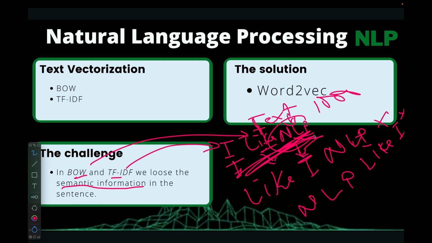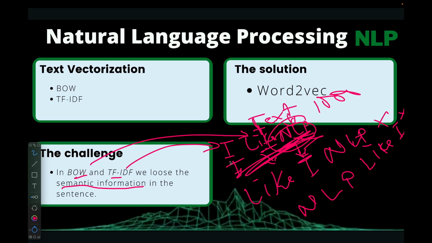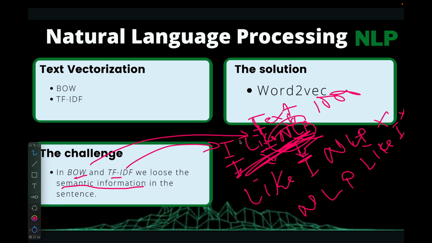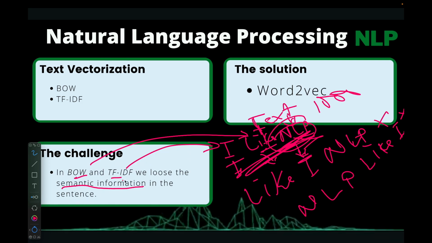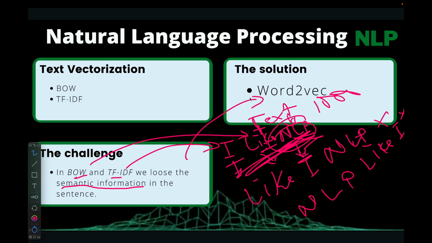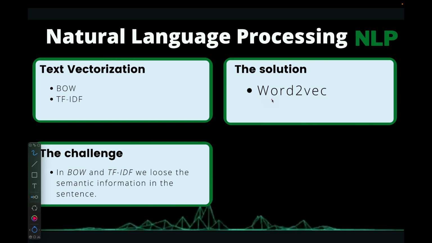This context, this semantic information, we lose when we're using bag of words and TF-IDF. In order to preserve that kind of semantic information, we use what is called Word2Vec. So let's see what Word2Vec actually means.